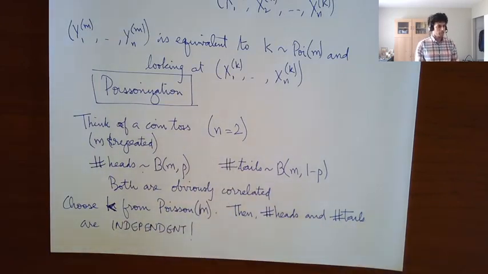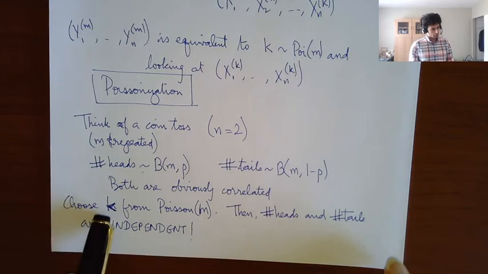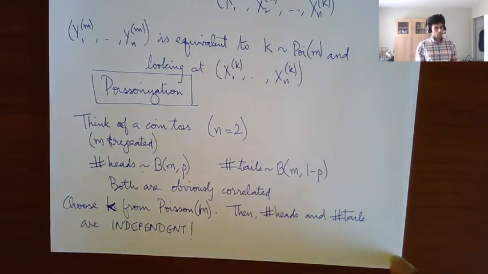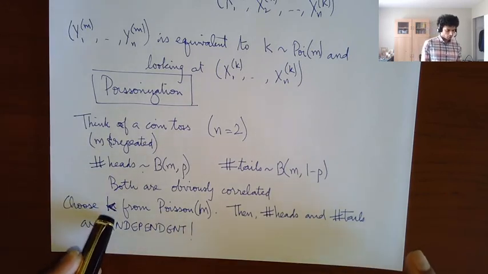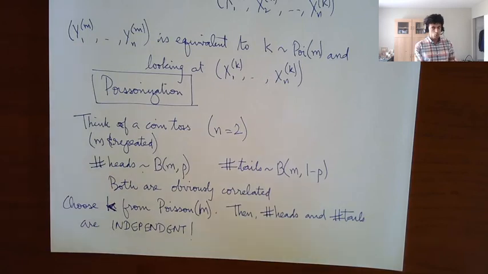It seems almost impossible that this should happen, because conditioned on any choice of k, the number of heads and number of tails are obviously dependent. Their sum is exactly going to be k. But when you choose k from the Poisson distribution, then they're actually independent. This can really throw people off, for good reason, but it is one of the magical properties of the Poisson distribution.